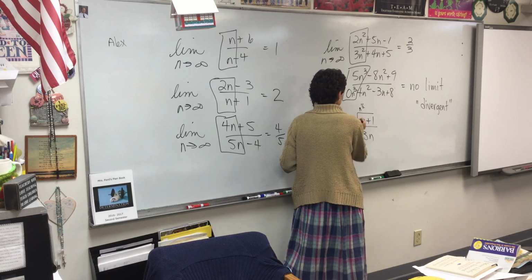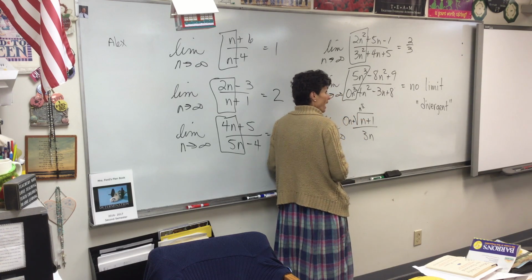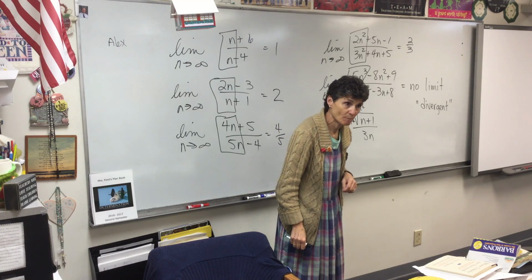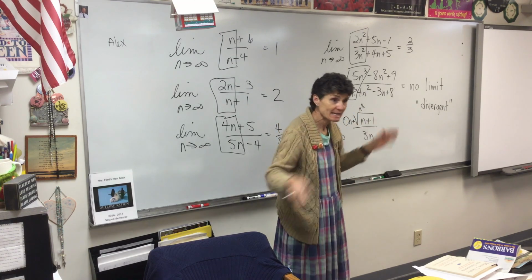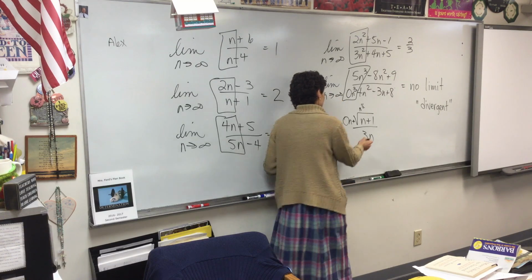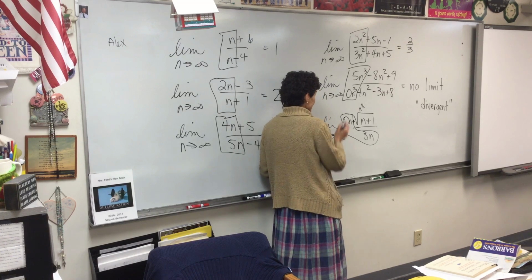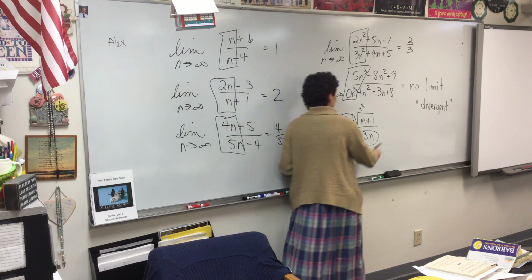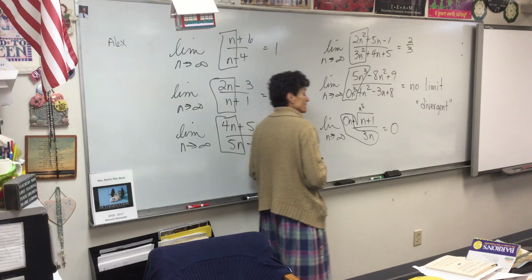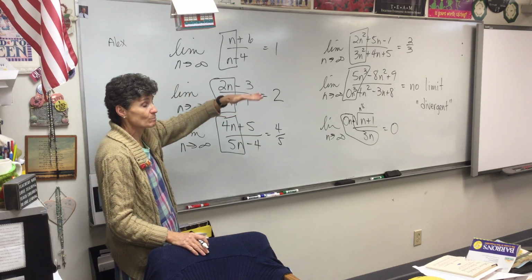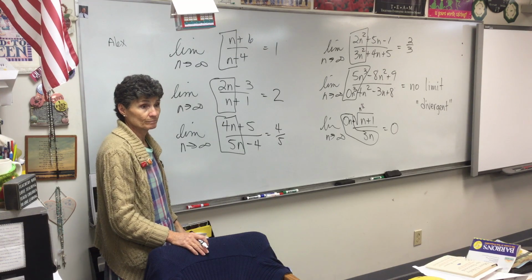I don't have any n to the first on top. Remember, it's all about the biggest power. I don't care about anything else. So I've got the biggest power is n, so I've got this now. What's that? 0 over 3. That's 0. That limit is 0. So if you were drawing that, it would have a horizontal asymptote at 0.